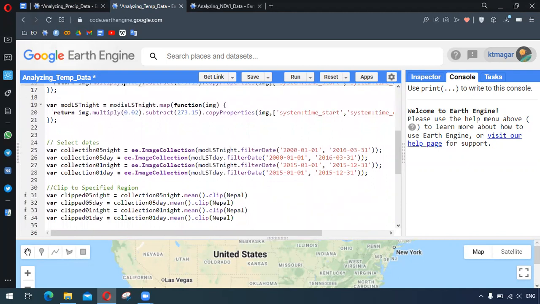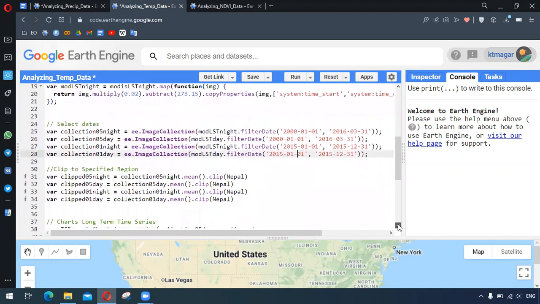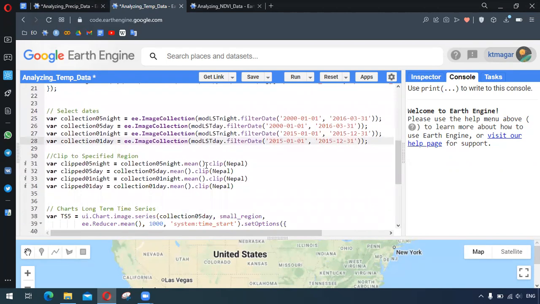So again, we are selecting the dates. Here we are selecting for 16 years, and here for the single year, one for the nights and one for the days, for single year and for range of years. And we can clip them for our country.